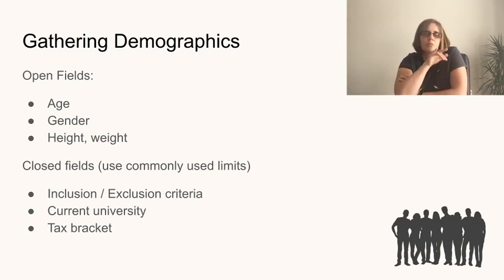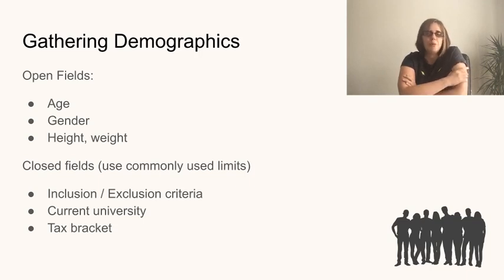Sometimes what you might see is age ranges, like 18 to 24, 25 to 30, that sort of thing. I would caution against using them, purely because it limits your analysis value.